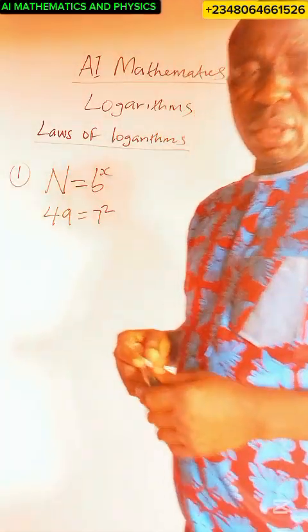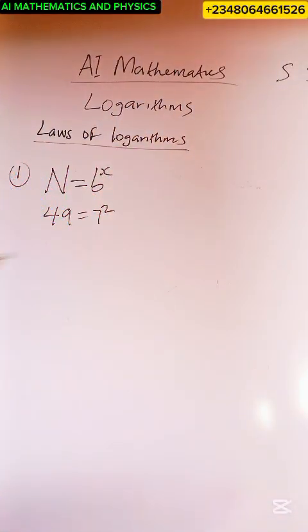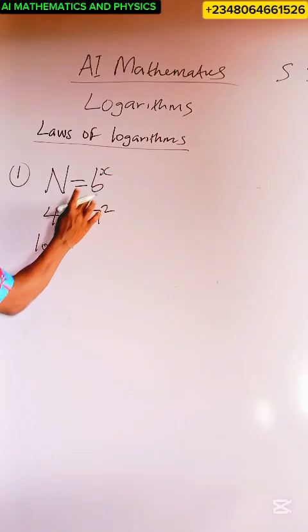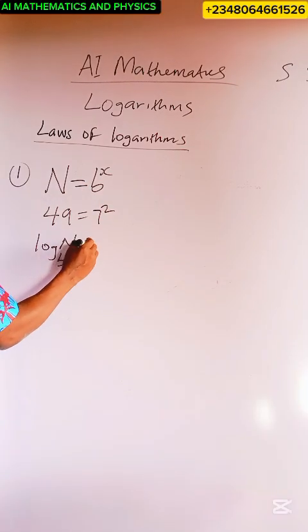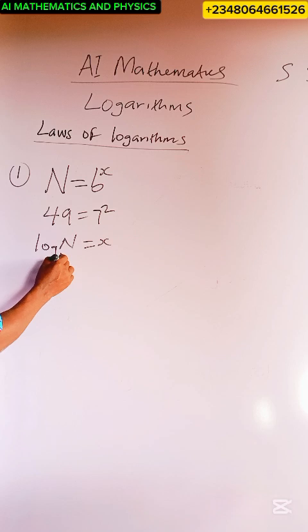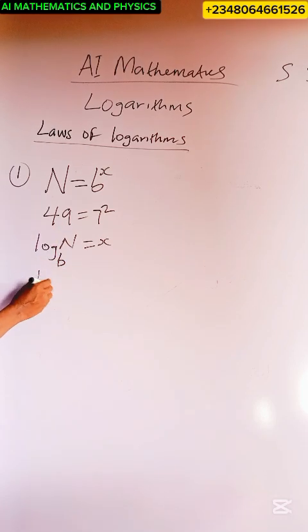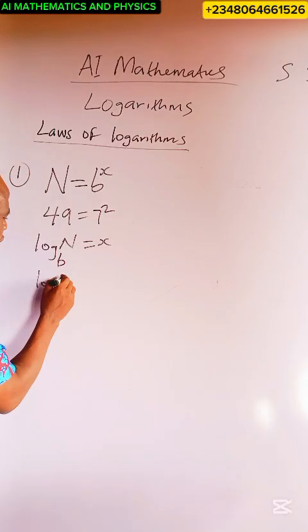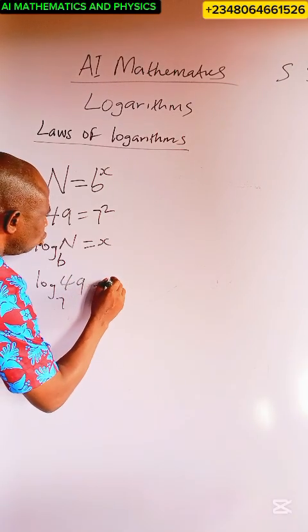Now the logarithm of this, just write log n base b equal to x, which means this one also we have log 49 base 7 equal to 2.